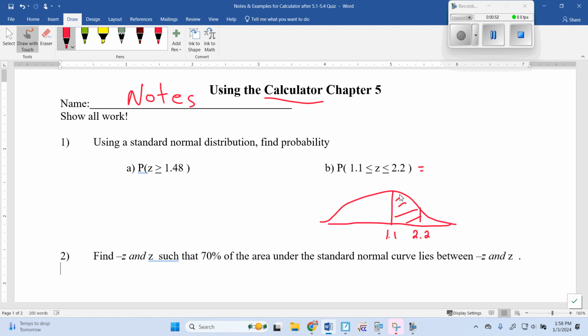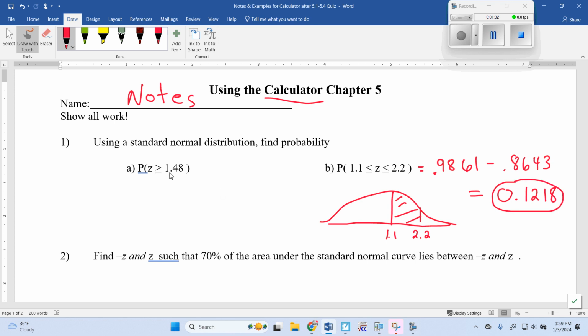If I look up 2.2, that gives me 0.9861. If I look up 1.1, that gives me 0.8643. If I now use my calculator to subtract those, I get 0.1218.